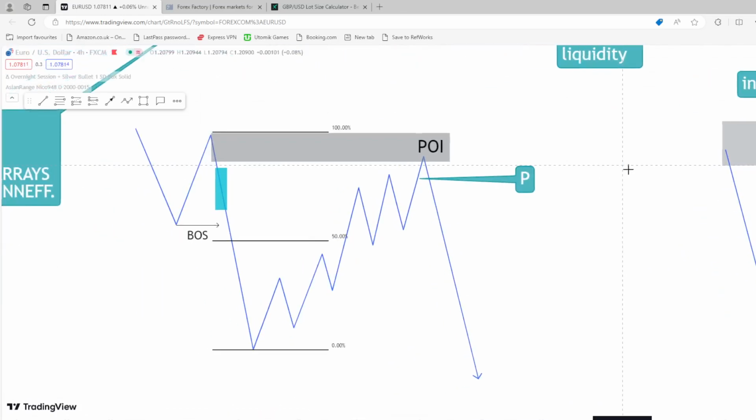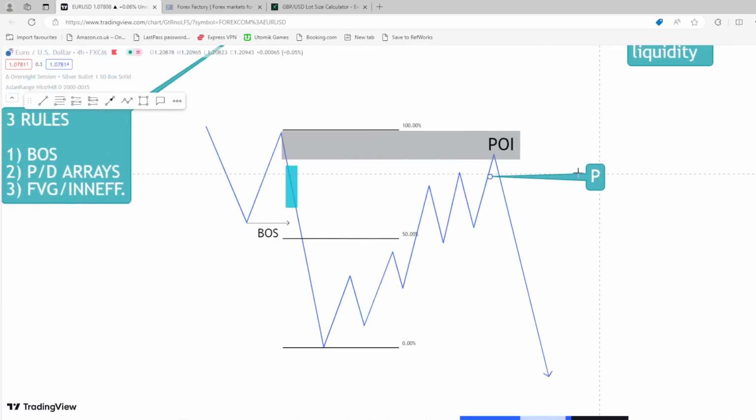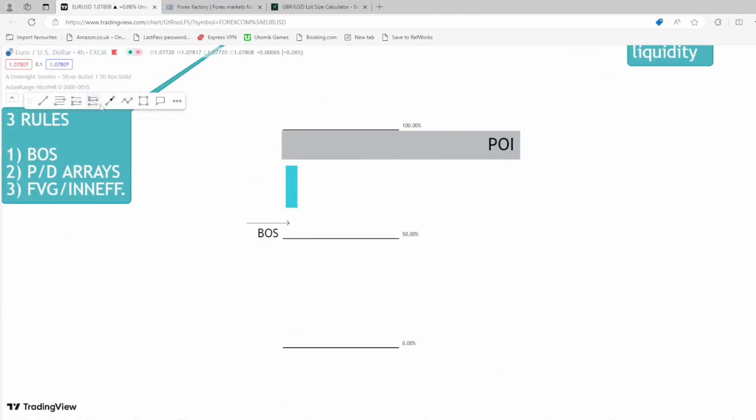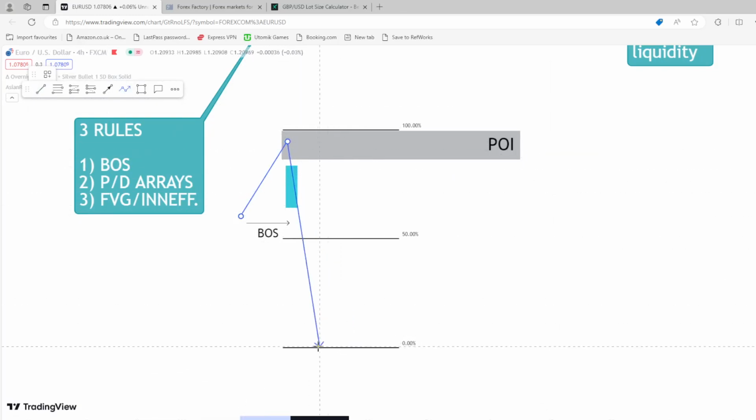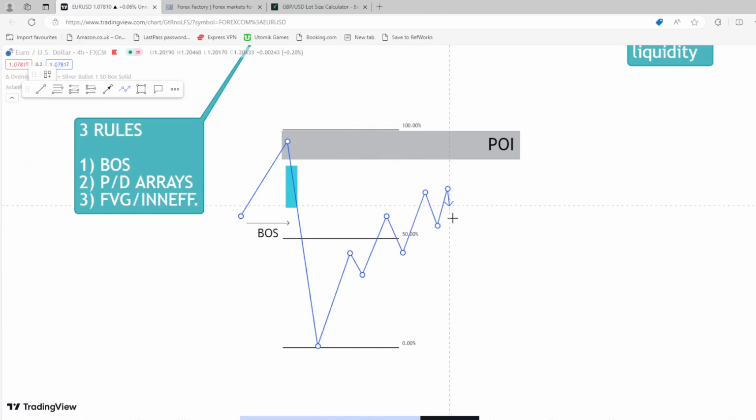So if we bring this back to our original example, our POI must do the following things, right? Because we have our rules marked out over here, to the left of the screen. So let's see how we can apply them to this schematic. What we're going to see is price break the previous low, giving us a break of structure. And then as we see price head up, we want to see it slow down, generating some form of liquidity, right?